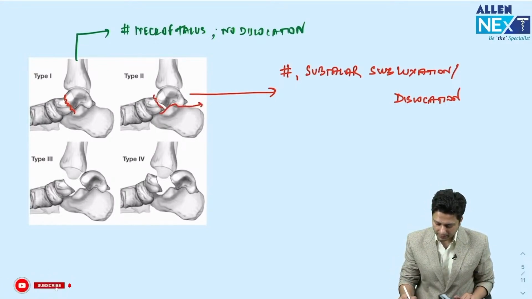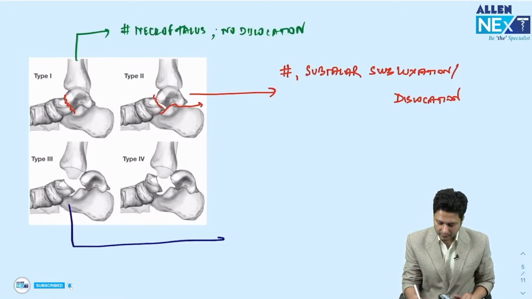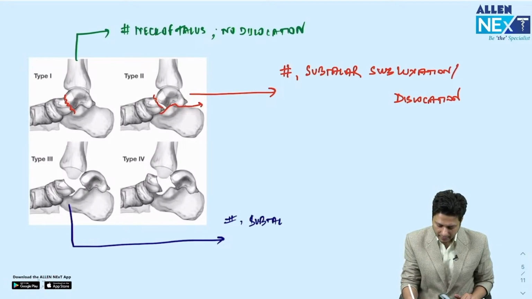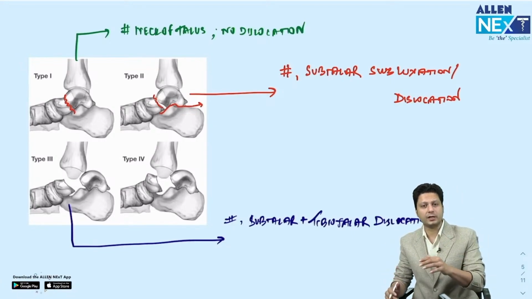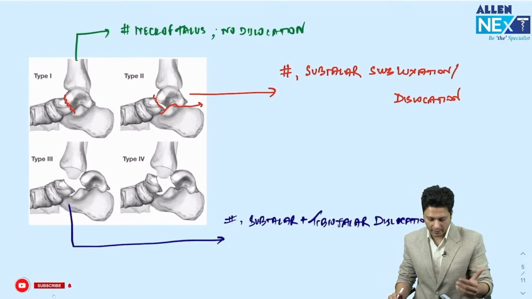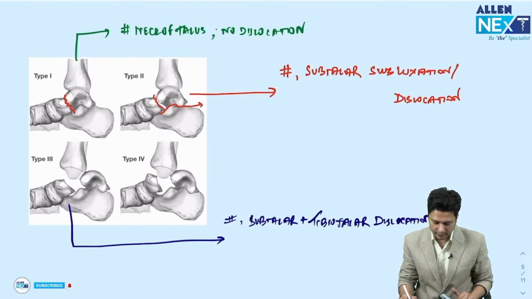Now coming on to the type 3. Type 3 is the fracture along with subtalar as well as tibiotalar dislocation. That means there will be a dislocation of the tibiotalar as well as subtalar joint. That is type 3 injury to the ankle joint or to the neck of the talus, as it is very clearly evident over here in this case.